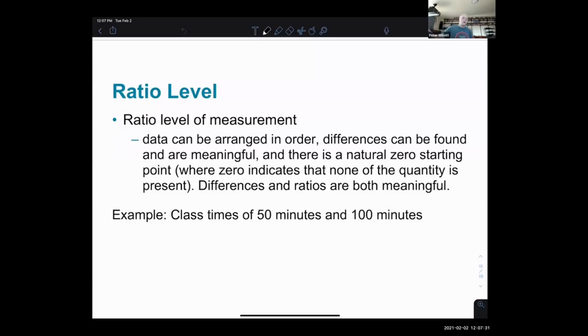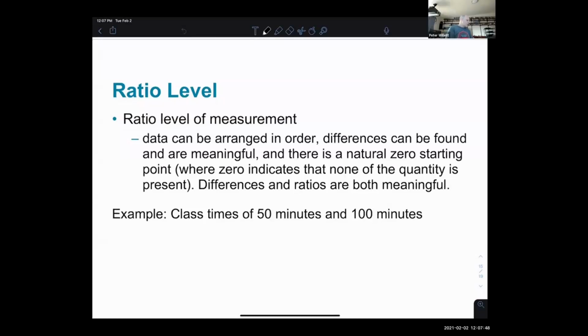Would that be nominal, ordinal, interval, or ratio? That would be interval, right? Because you're never going to have a baby that weighs 0 ounces. So does that mean that the zero measurement is a natural starting point or not a natural starting point?